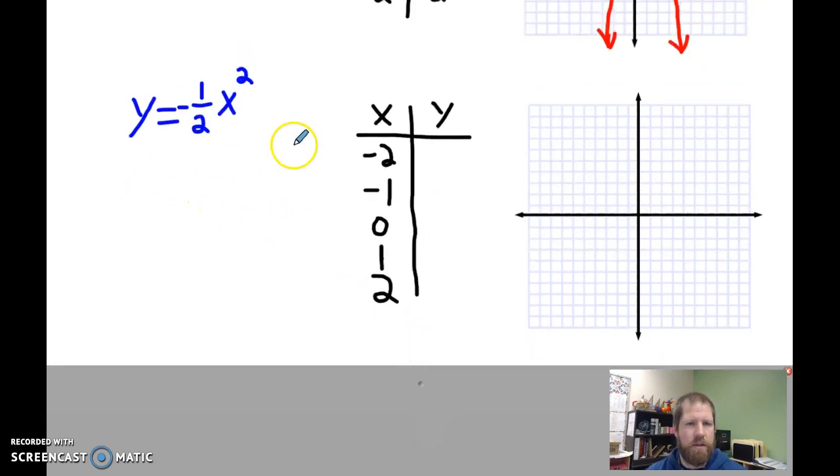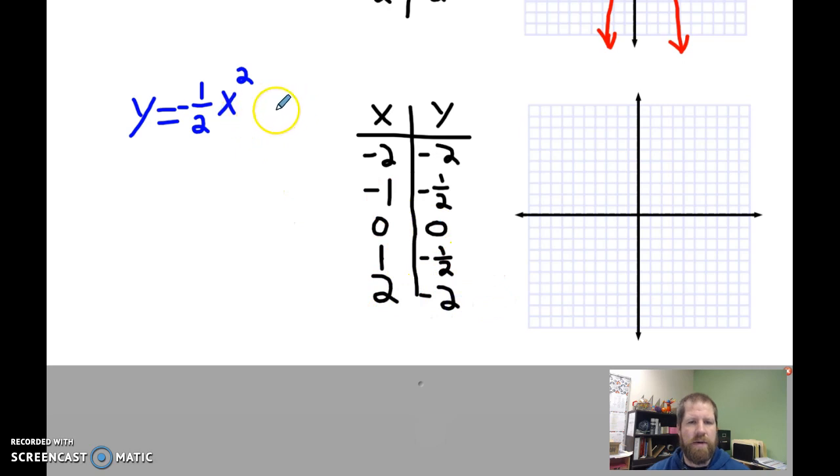This one's probably a little bit easier actually. I've got a negative 1/2 x squared. So negative 2 squared is 4. Negative 1/2 of that is going to be a negative 2. Negative 1 squared is 1 times negative 1/2 is negative 1/2. 0 is 0. 1 squared, still going to have negative 1/2. 2 squared, it's going to be back to negative 2.